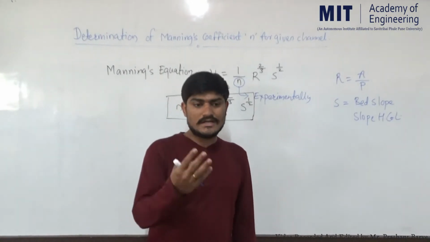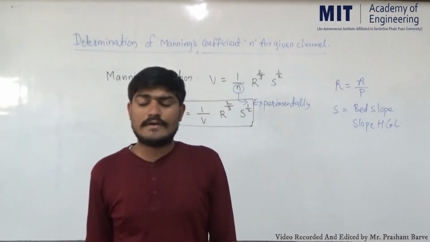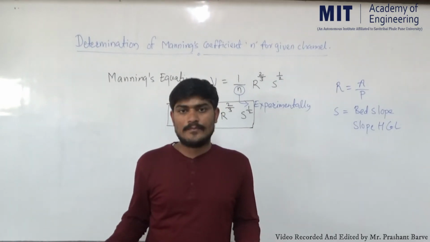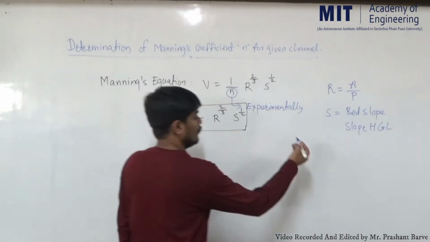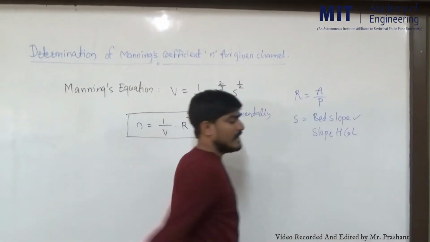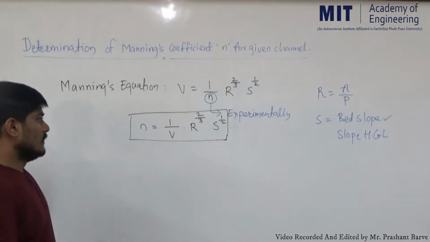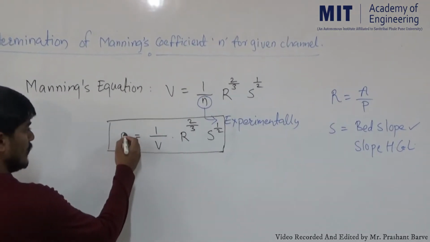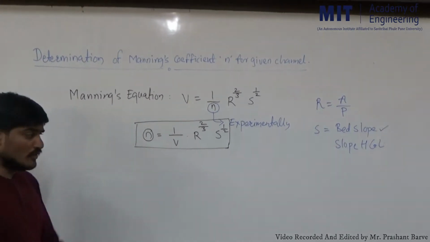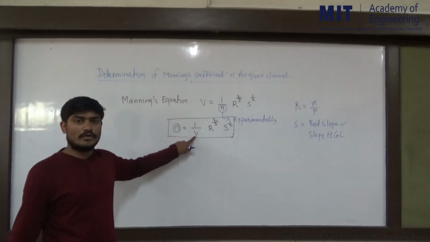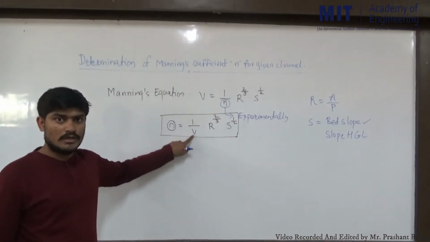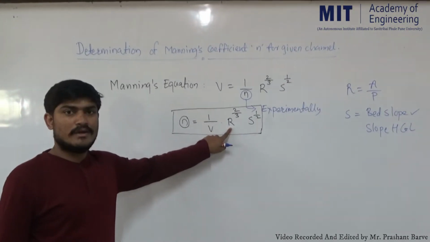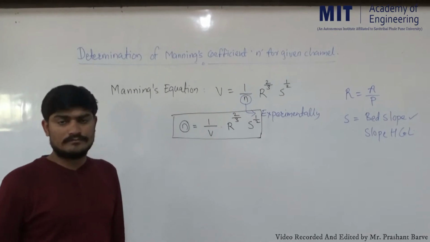So if we consider the slope of the water surface profile or the bed slope, it will be one and the same. Therefore, for our understanding, we refer to S as the bed slope. If we want to determine the value of n, we should know the velocity of the fluid flowing through the open channel, the hydraulic mean radius R, and the bed slope.